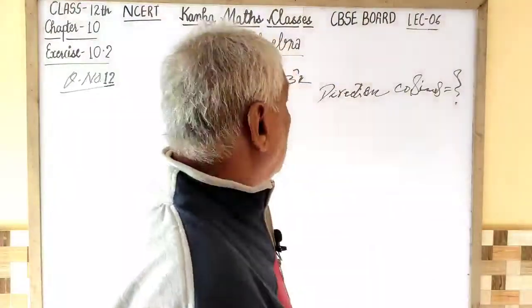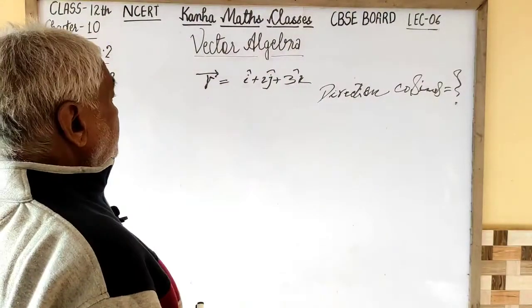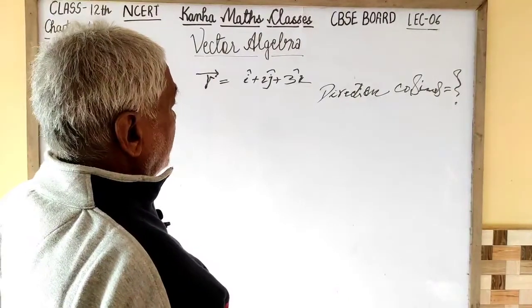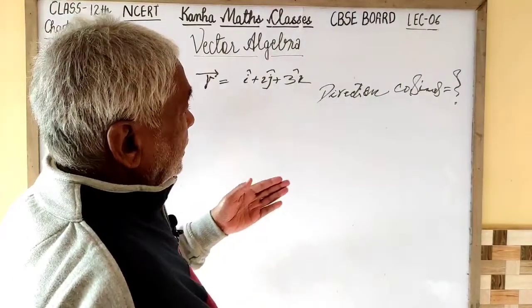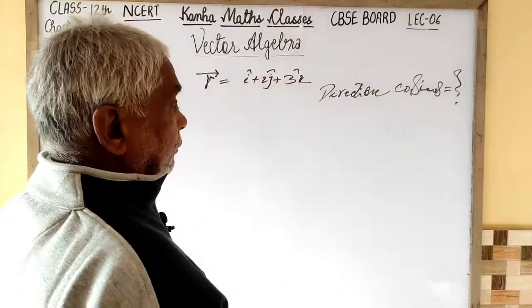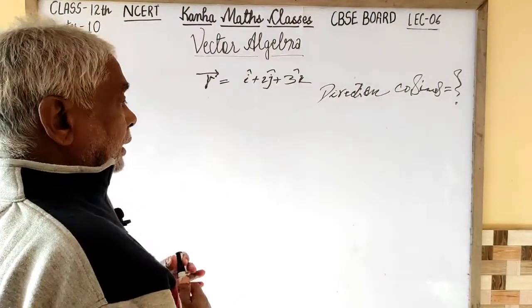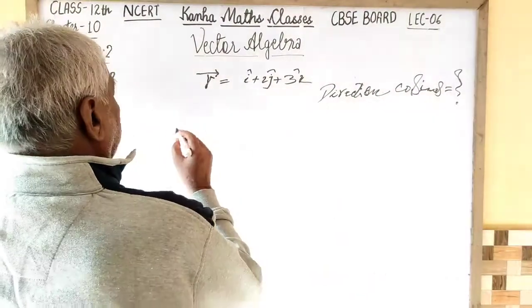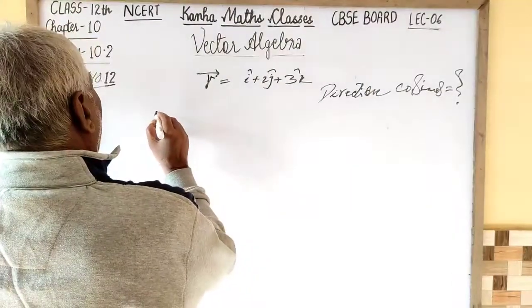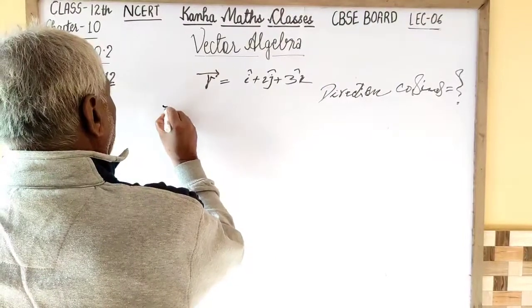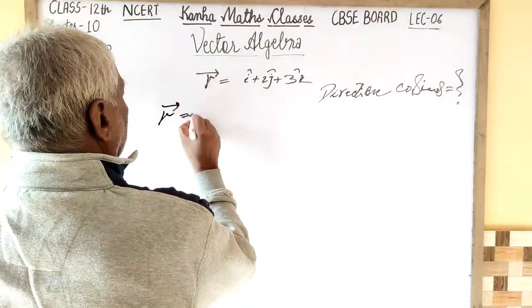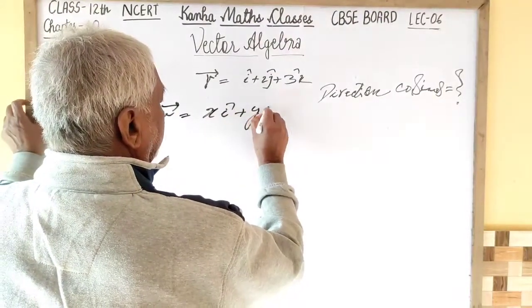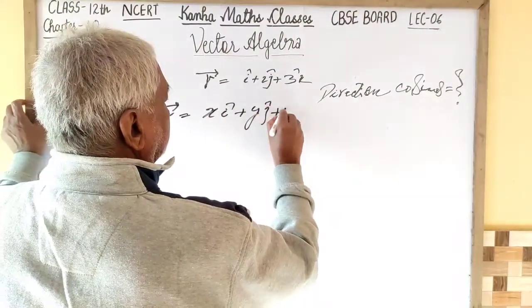Now question number 12: the vector r is given as i plus 2j plus 3k. We have to find the direction cosine by comparing with the ideal vector r is equal to xi plus yj plus zk.